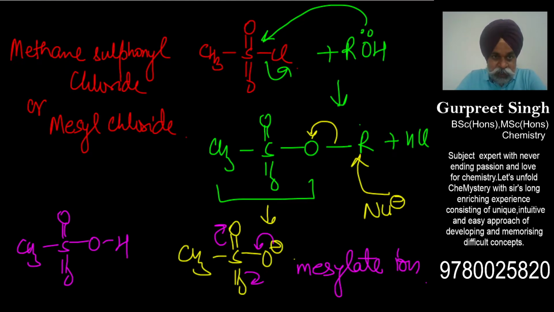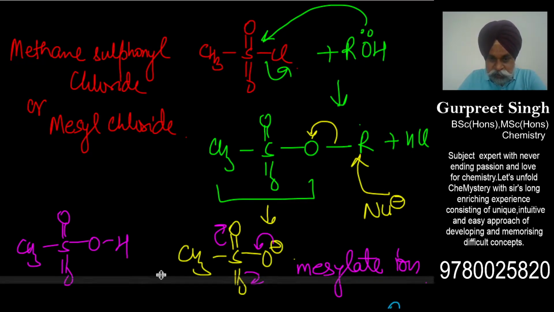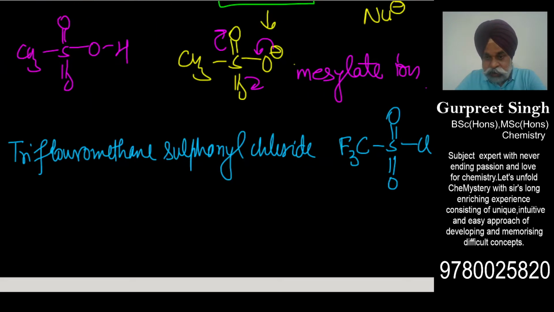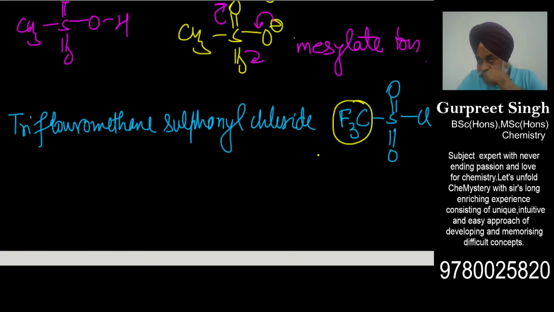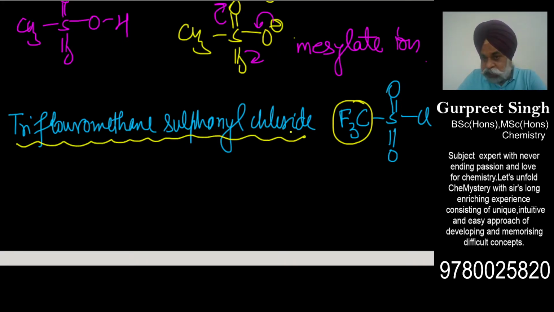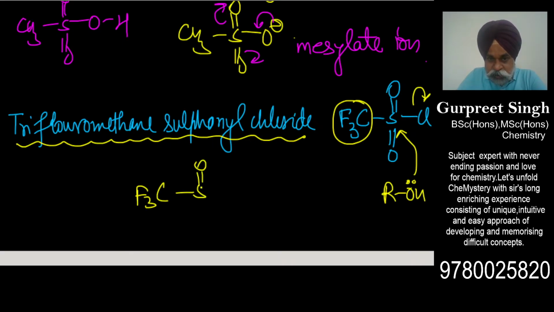Another one which you can add to your knowledge bank is triflate. That is also very important. Instead of this methyl group, if I attach 3 fluorine groups, which are electron withdrawing, we call it trifluoromethane sulfonic acid. Again, if you treat it with ROH and this goes out, you would get something like this. Again, it would increase the nucleophilic substitution reaction.